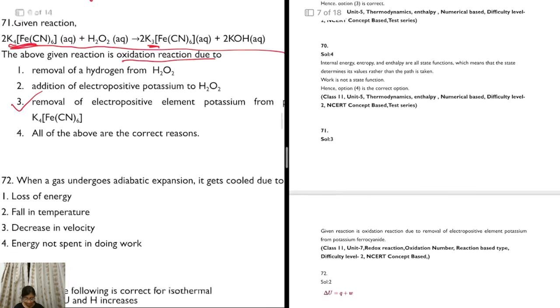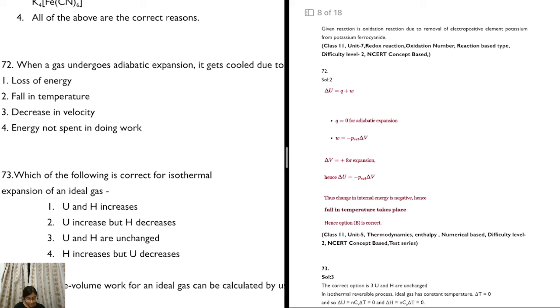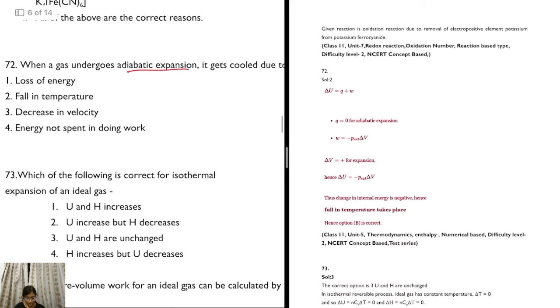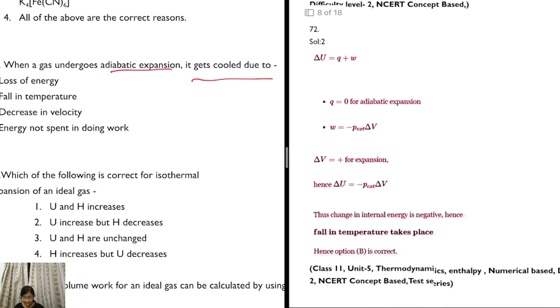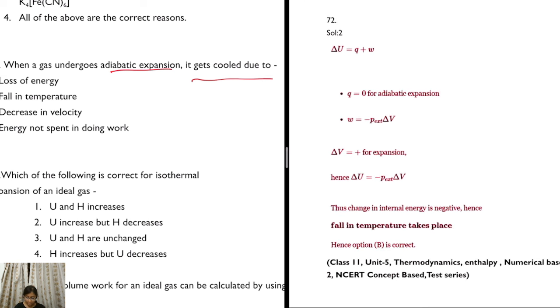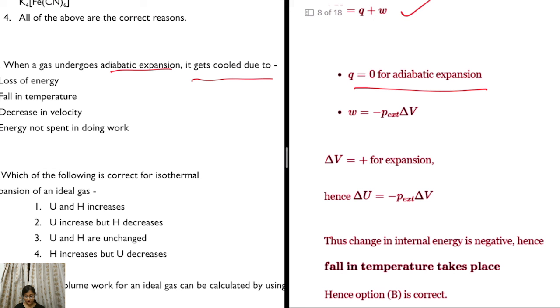Now, in the next question, let's see. When a gas undergoes adiabatic expansion, it gets cooled due to... why does it get cooled? See, we all know from the first law of thermodynamics, del U equals Q plus W. Now, for an adiabatic process, always remember Q will be equal to 0.